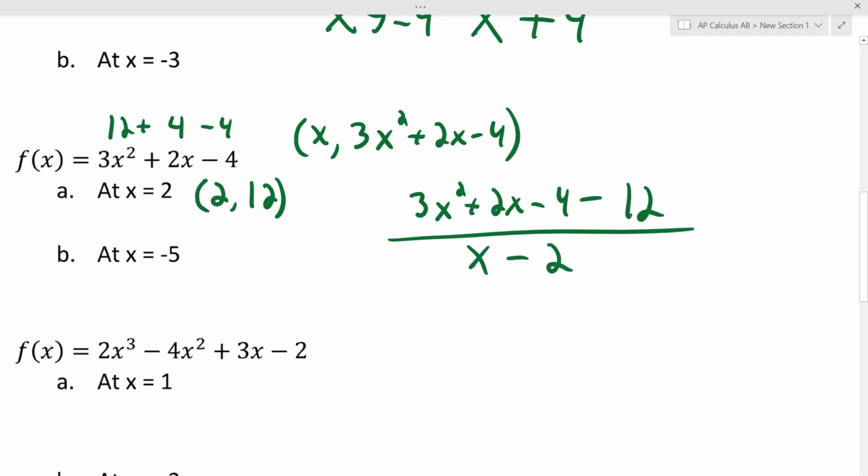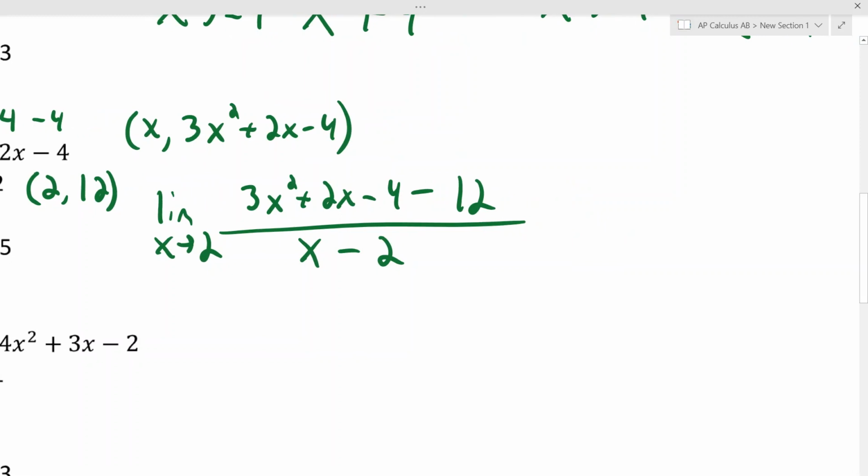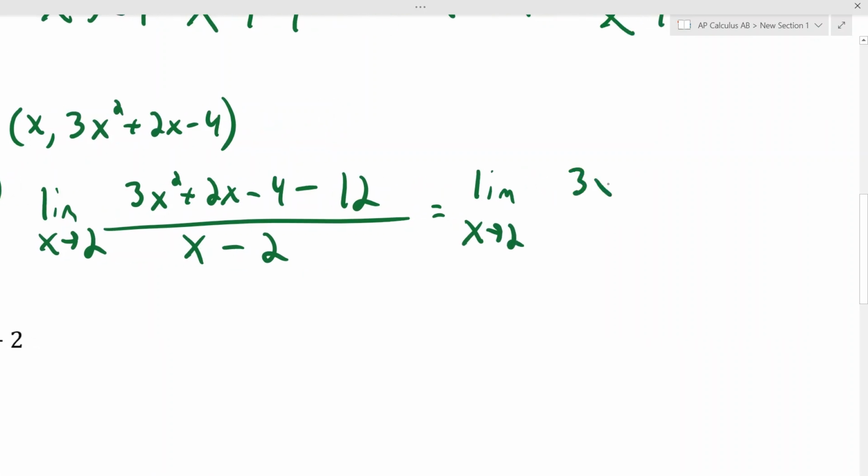And that's the slope between 2, 12 and any other point on my parabola right there. We want to know, hey, what happens to that as we approach 2? What happens as we move closer and closer and closer to 2? We're bringing our points together. So here's what I know. I know that if I try to plug 2 into here, I'm going to get 0 over 0. Okay? Now that means x minus 2 has to factor out. So this is going to be a minus 16.